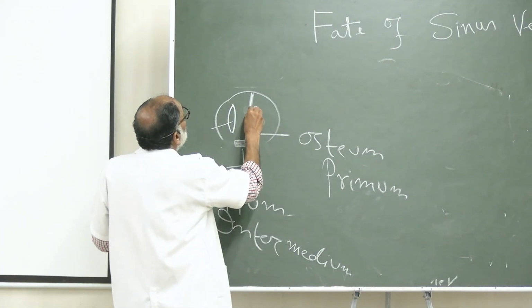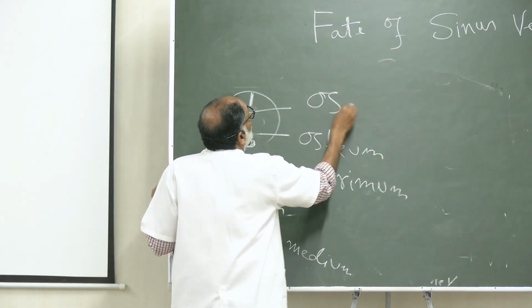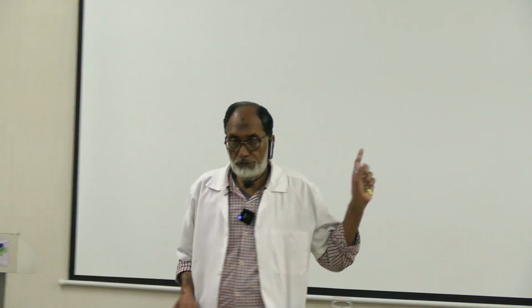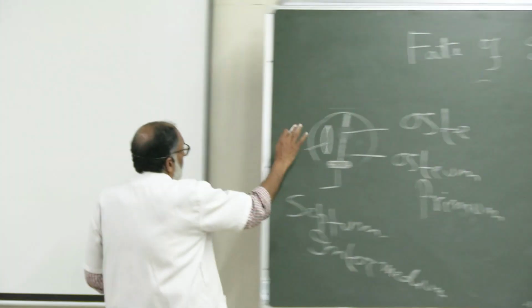That is called ostium secundum. Foramen or ostium secundum. Now another septum will develop on the right side of the septum primum.